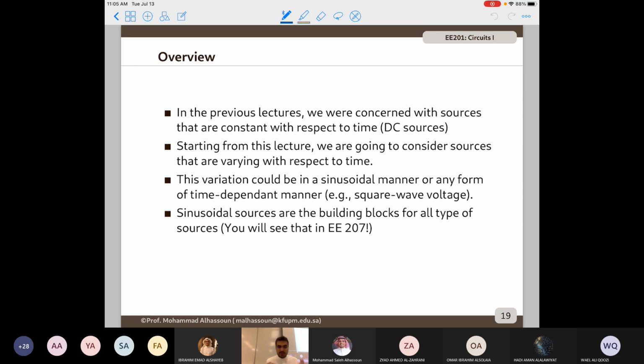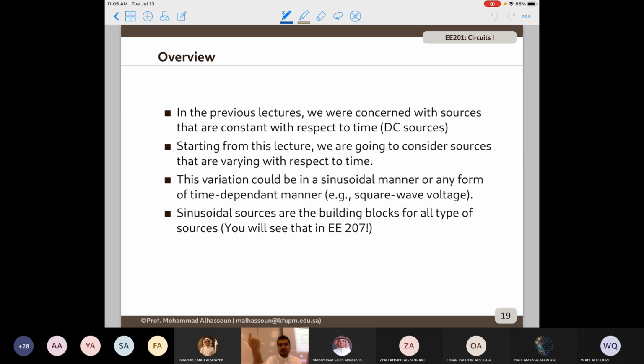If you have a sine or cosine nature, then at time instant, for example, t1, the voltage or the current will not be exactly the same as at time instant t2, if t1 is not equal to t2. If you have a DC source, then the voltage at time instant t1 should be equal to the voltage at time instant t2.